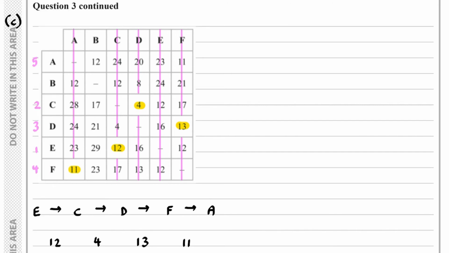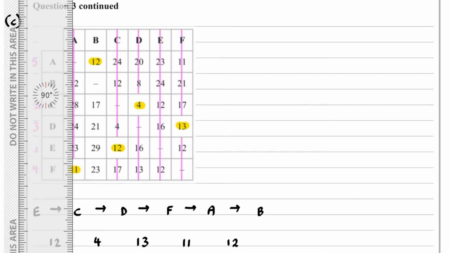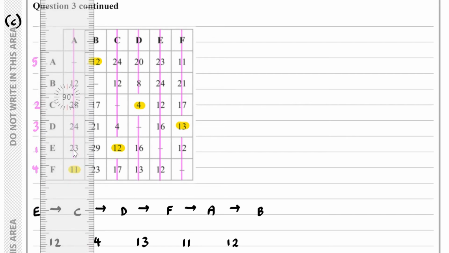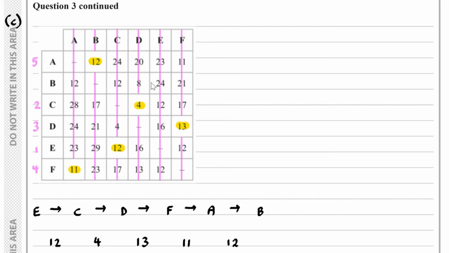And if I read across, the smallest one will be the 12, which takes me up to B. So I've got 12, which takes me across to B. So now we can delete the column containing B as we see here, and then we've got a 6 here.